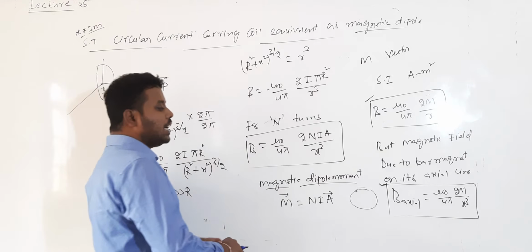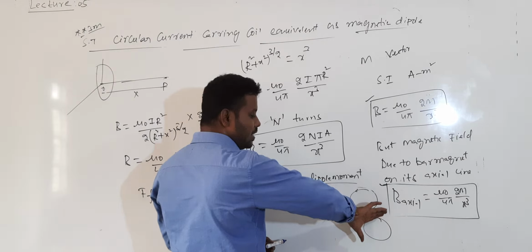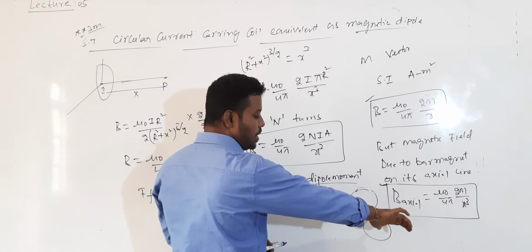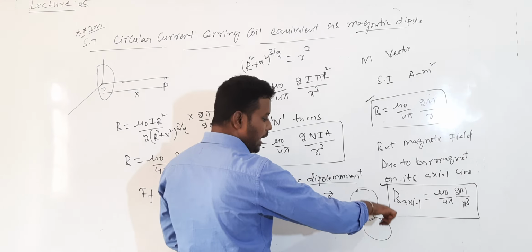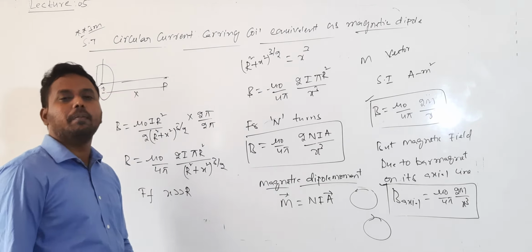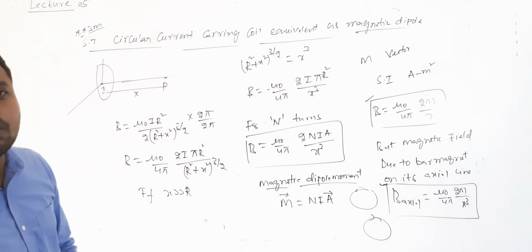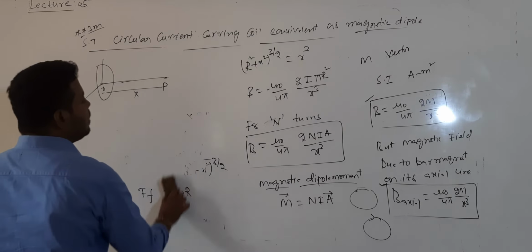Clear? Whenever the current is anti-clockwise, what happens? So this is the direction of the current. Then the thumb is showing inward or outward? So that is showing inward. Here it is outward or here it is inward. The direction of the magnetic moment can be calculated by using the right hand thumb rule itself. Which one do you need to stretch?